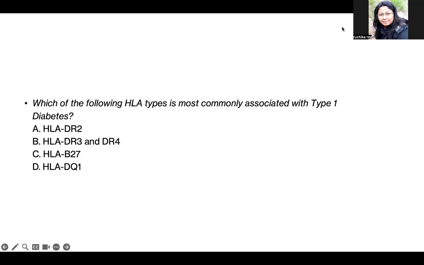Is it HLA-DR2, HLA-DR3 and DR4, HLA-B27, or HLA-DQ1? Let me disclose it: the answer is HLA-DR3 and DR4.